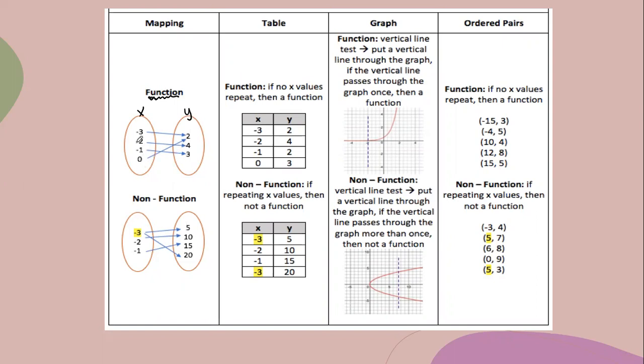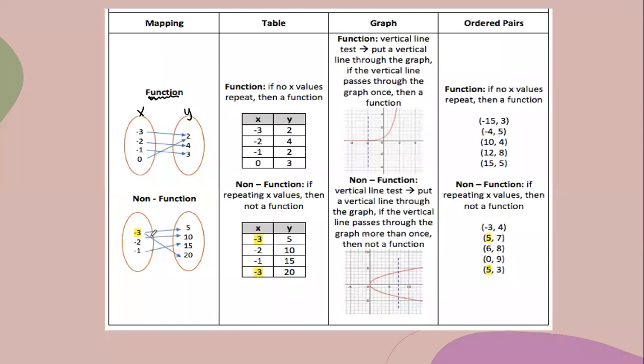Yes, every x has one y. -3 is only with 2. -2 is only with 4. -1 is only with 3. 0 is only with 2. It doesn't matter if they share the same y value. Each x is faithful. So this is a function.